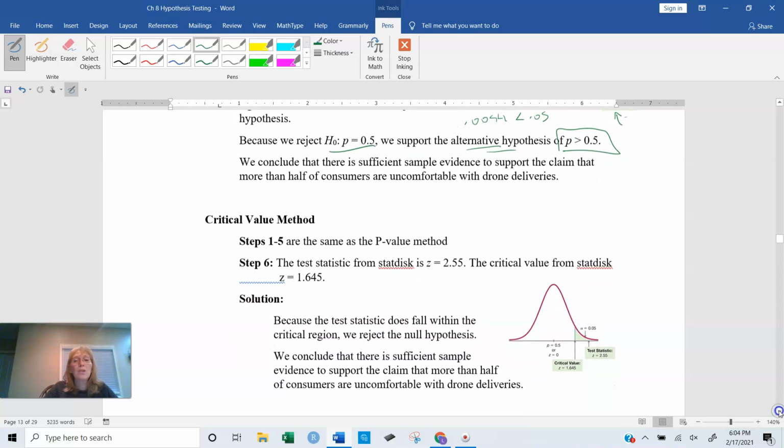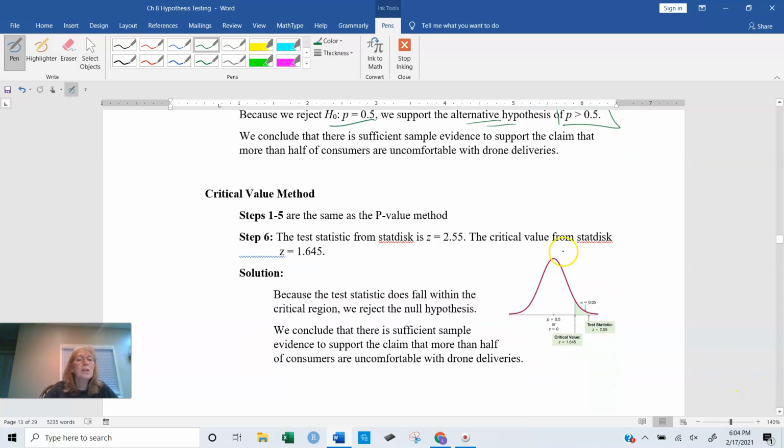Okay, now let's do the critical value method. 1 through 5 are the same, but now when we look at StatDisk, we had z equals 2.55 like before. Now we look at the critical value from StatDisk, which was 1.645 right here. So this is our critical value. Anything that's in this region right here, it means we reject the null.